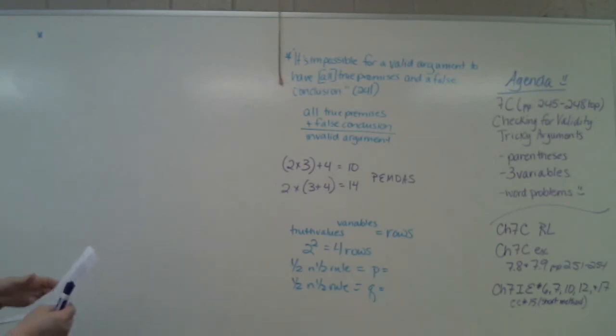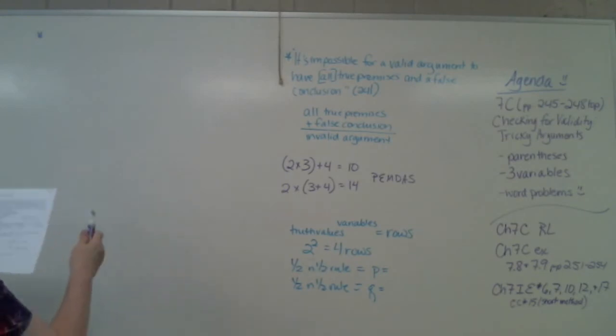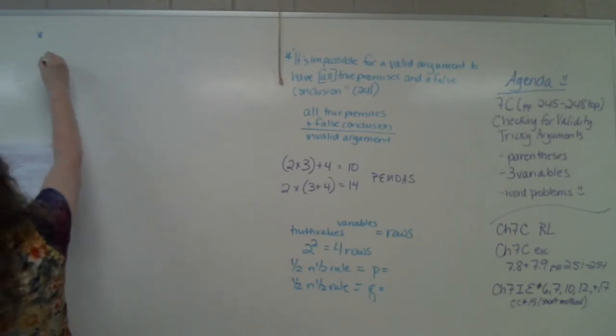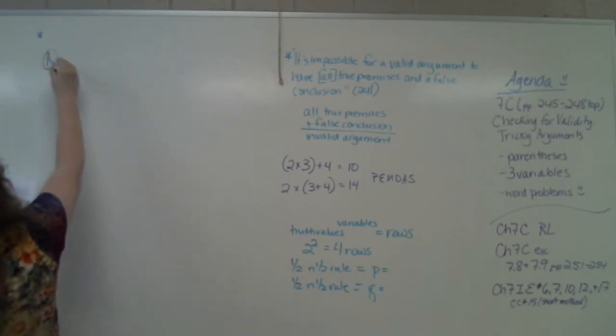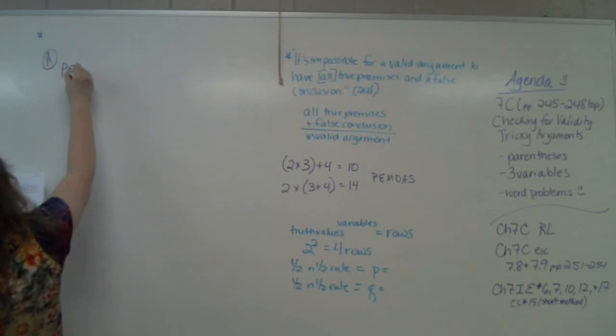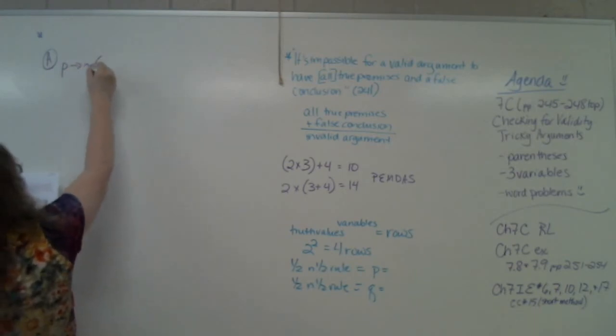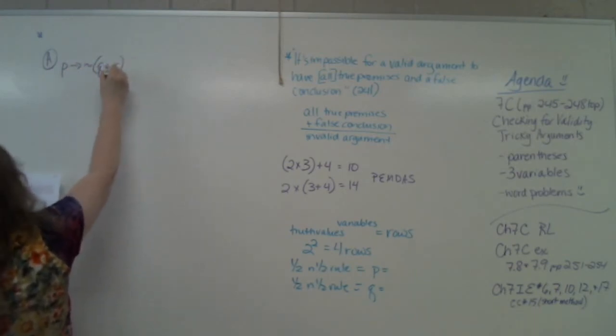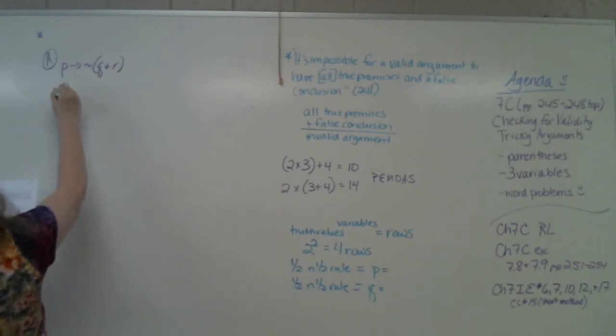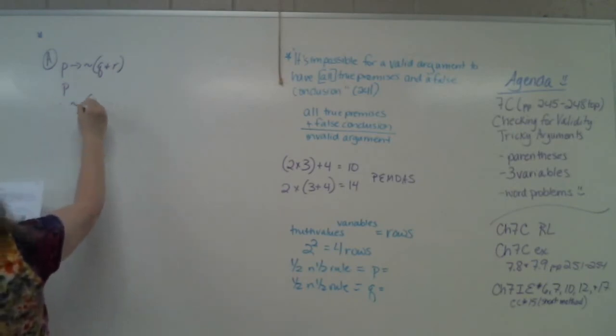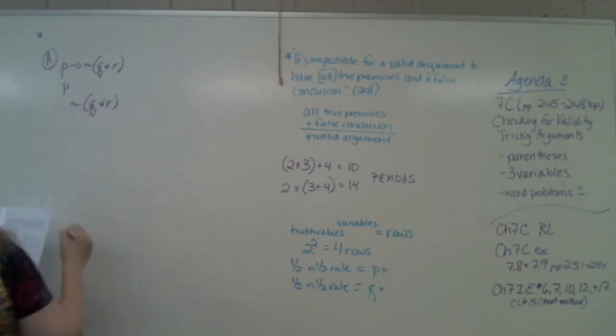So if you have the normal kind of stuff, okay, so this is going to be my example A. Okay. If P, then not Q and R. P, therefore not Q and R.